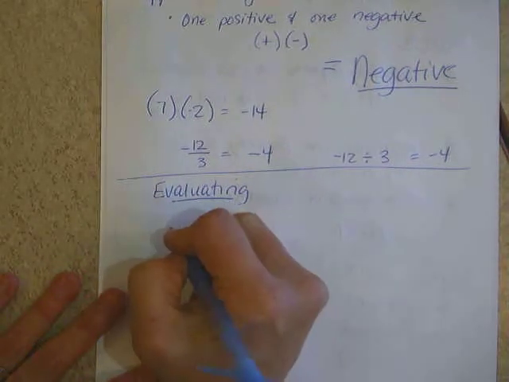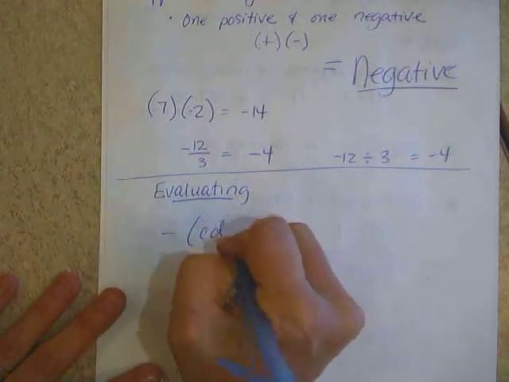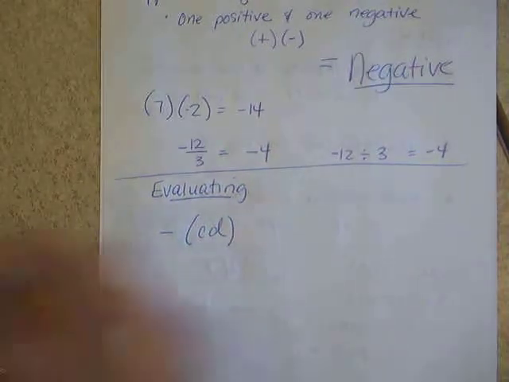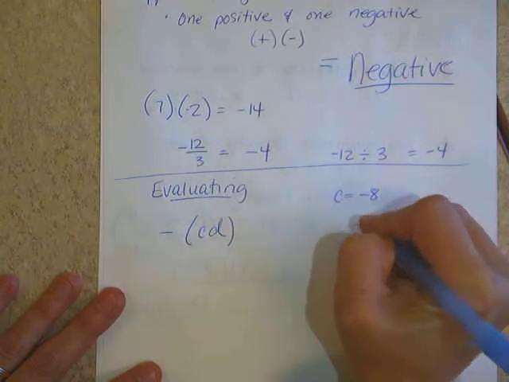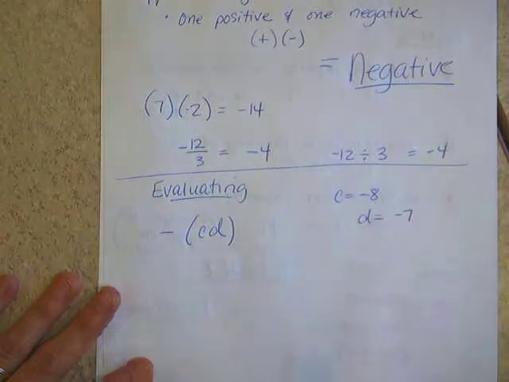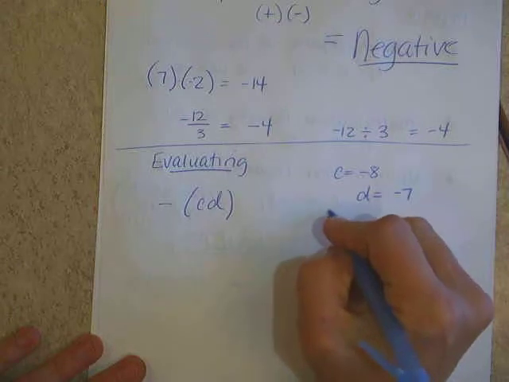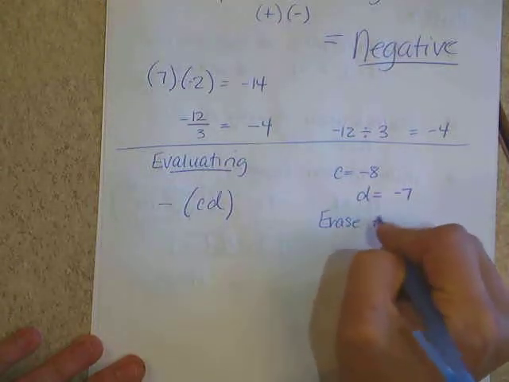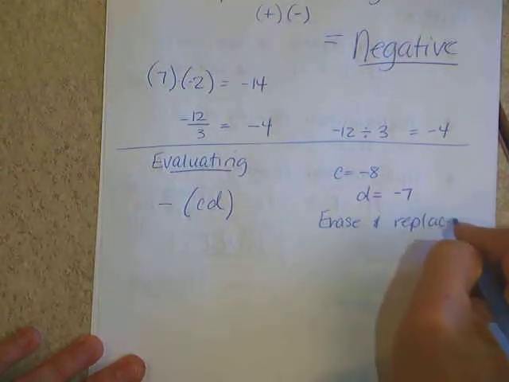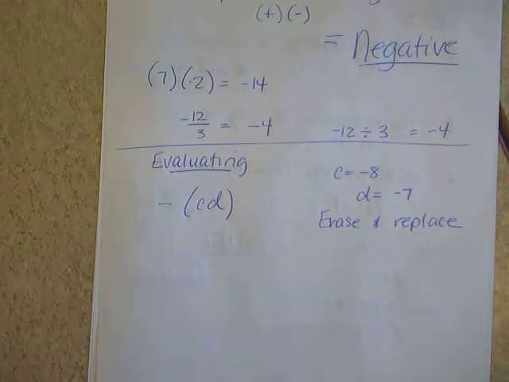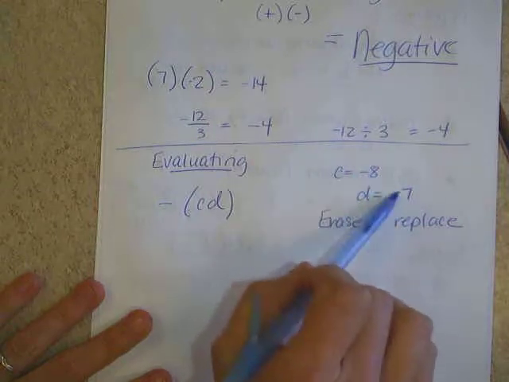All right. So in this section, you're going to do some evaluating just like we've done in the others. We're going to evaluate negative C times D when C is -8 and D is -7. Okay.